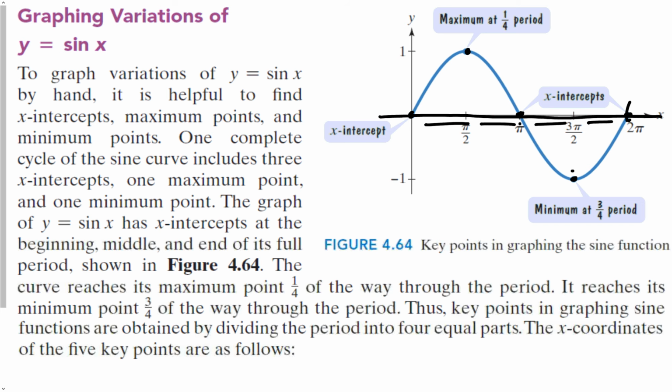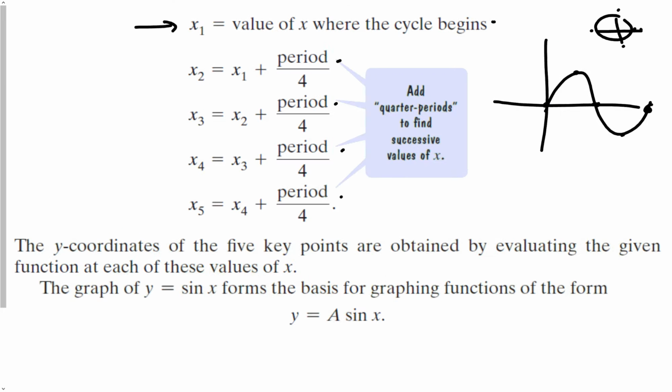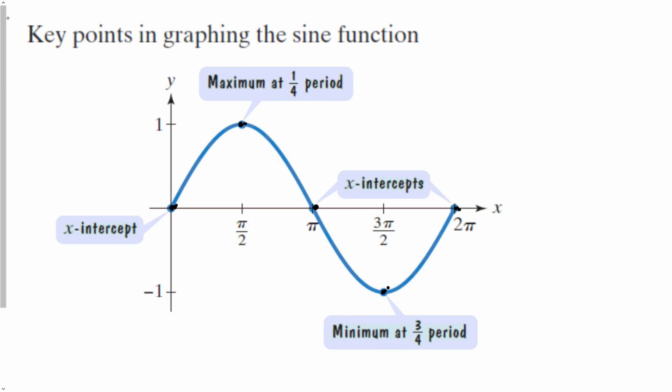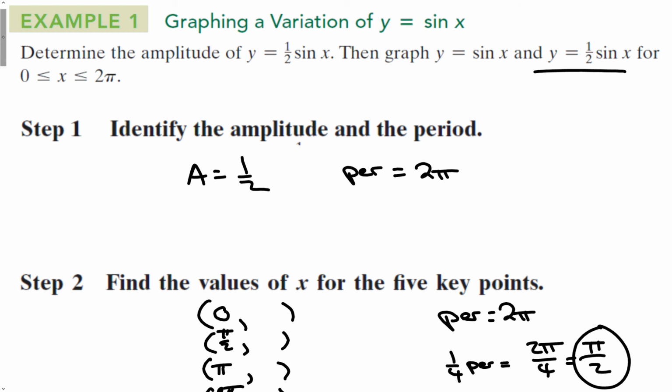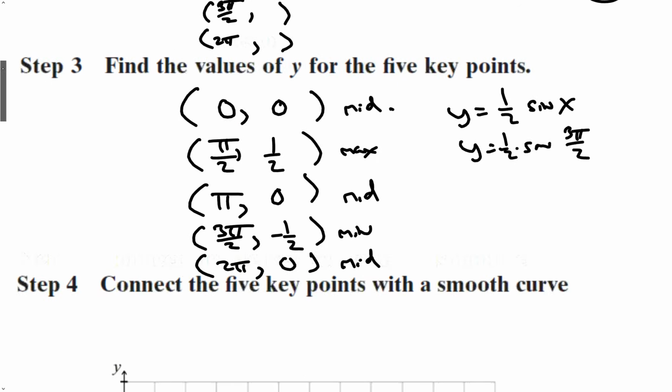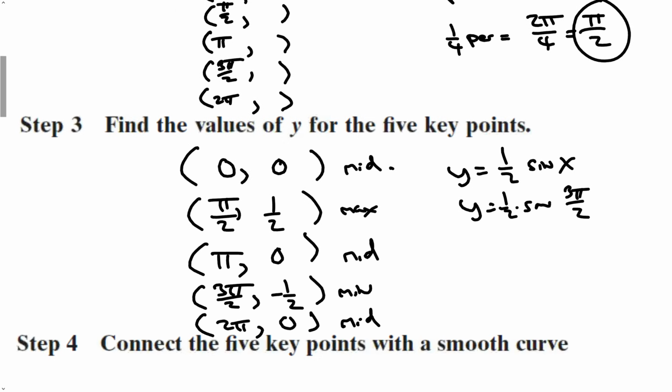Now, the reason why I don't call it zeros is that if we do vertical shifts, we can move this up and down. But for now, we're not moving it up and down. So this pattern, that the sine function will start at the middle, then go to max, then middle, then min, then back to the middle, will always happen no matter what we are doing to this function.